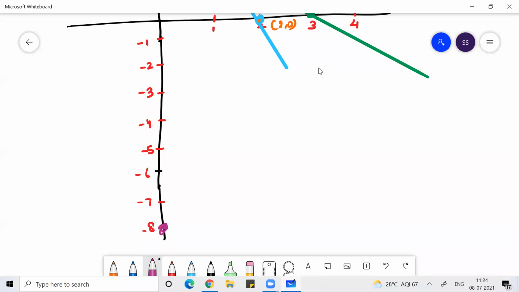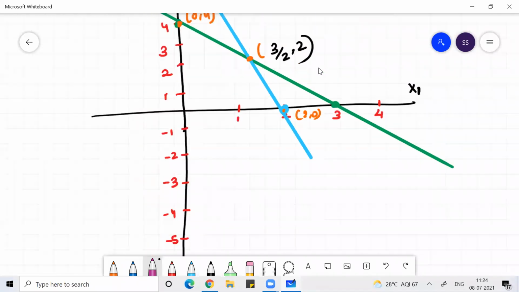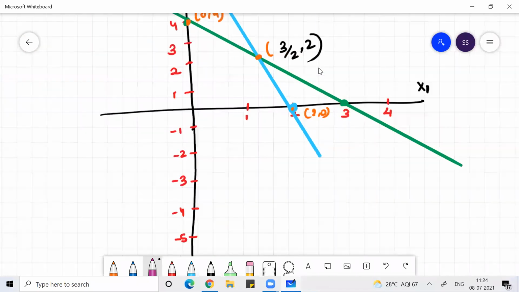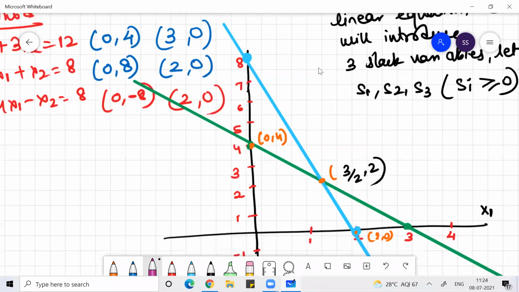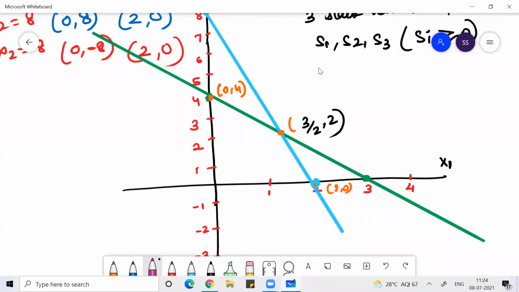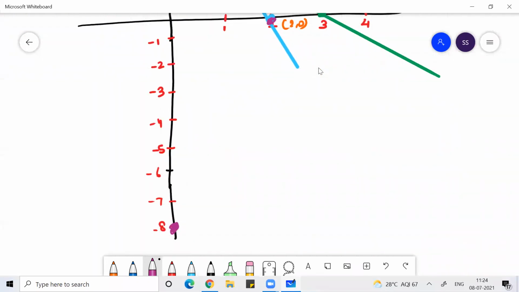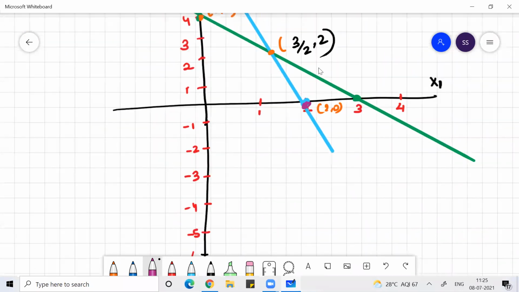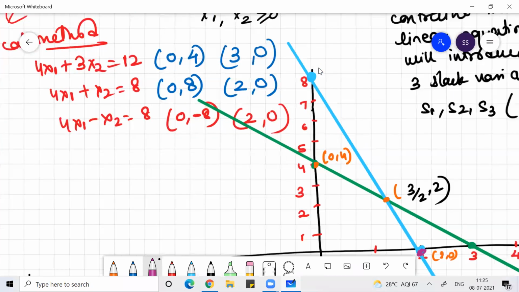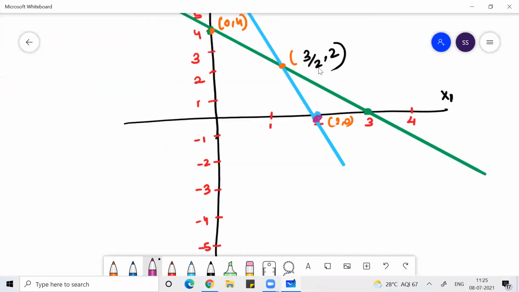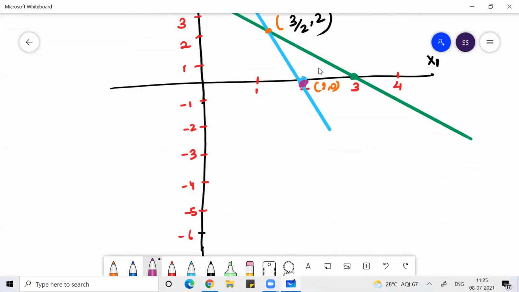The third one is 0, minus 8, and 2, 0, and 2, 0, and 0, minus 8, and 2, 0. This is the region 0, minus 8, and 3, 2, 0, and 2 comma 0. So you can think about this line.